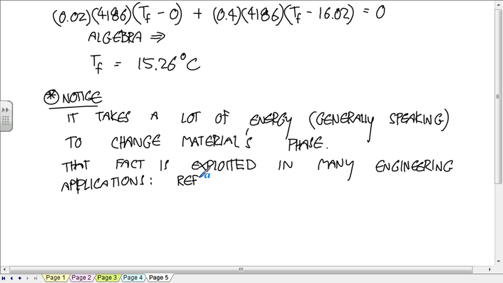Refrigeration, air conditioning, heating.